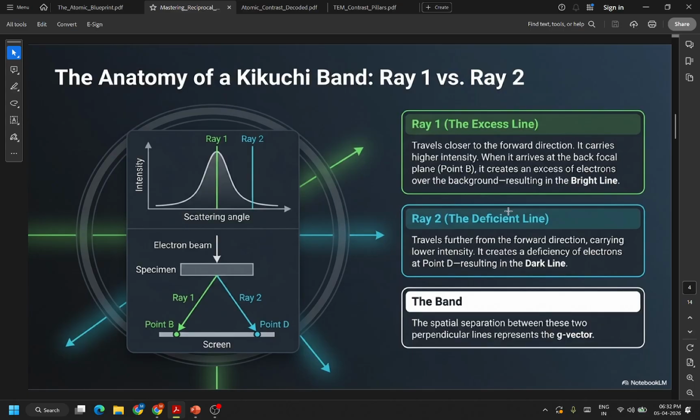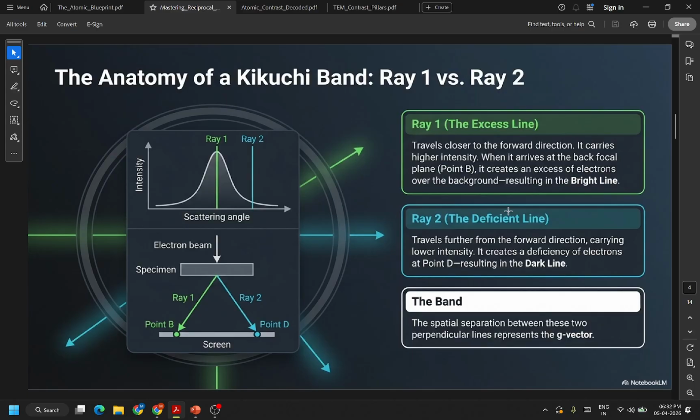And then the Kikuchi line results in two parallel lines, ray 1 and ray 2. Ray 1 would be the excess line, which travels closer to the forward direction and carries higher intensity. When it arrives at the back focal plane point B, it creates an excess of electrons over the background, which will result in a bright line.